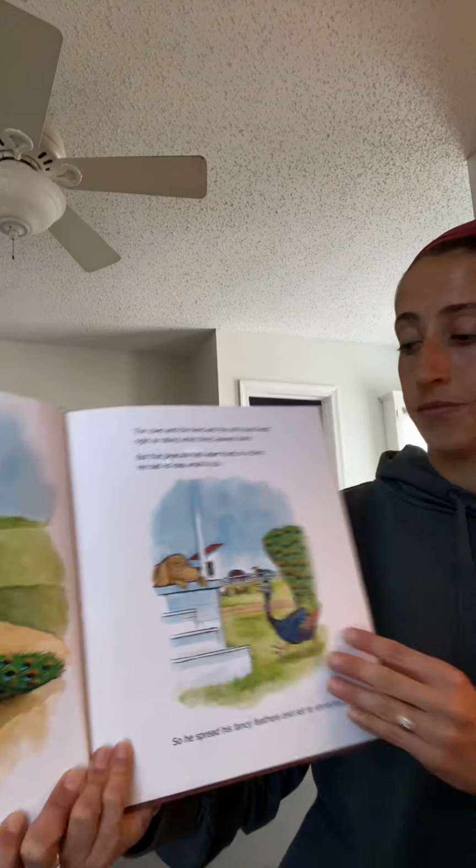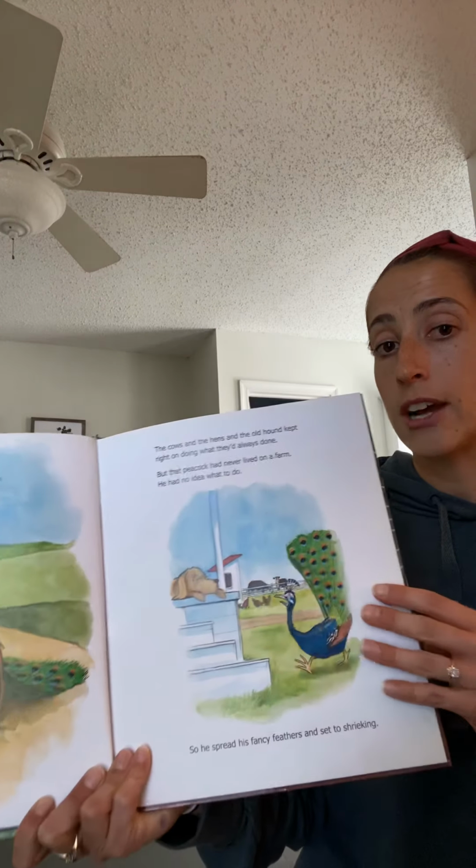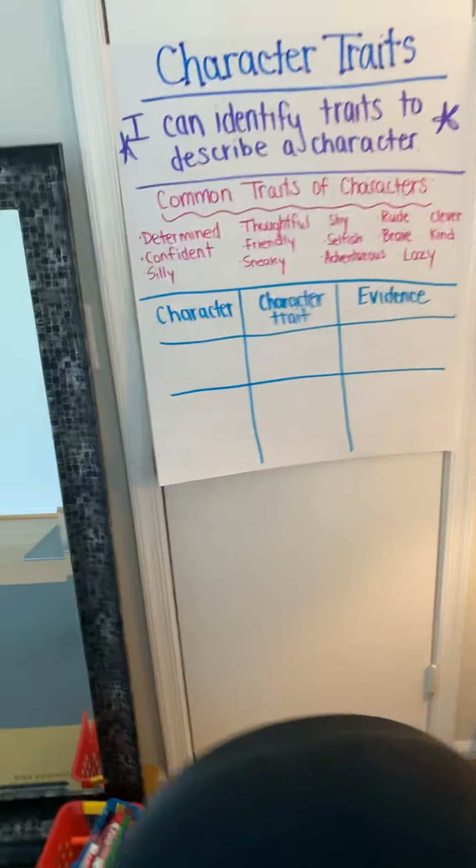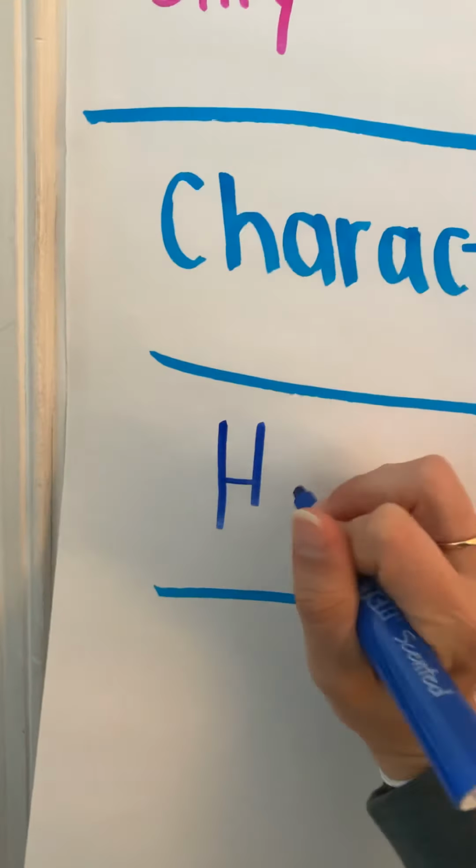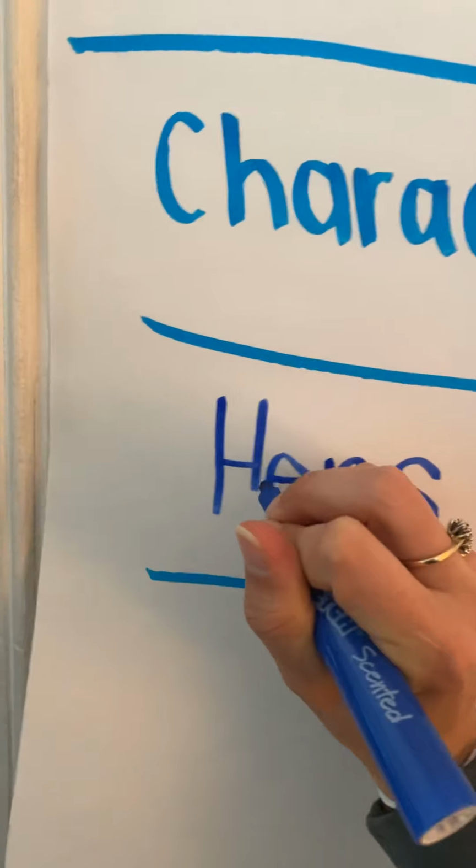We're going to actually stop right there. So who are the characters that we have seen so far in the story? There's been a couple that the author already mentioned in the text. So who do we know so far? The hens. So we're going to add hens.